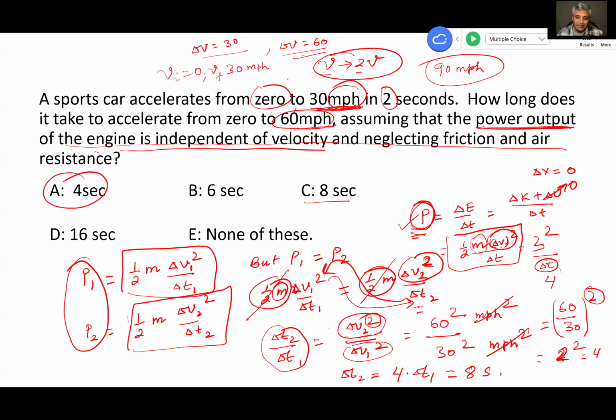So that means the time for double speed is 4 times more. So for the original it is 2 seconds, so 4 times more is 8 seconds. If it was 3 seconds, then 4 times more would be 4 times 3, 12 seconds, and so on.